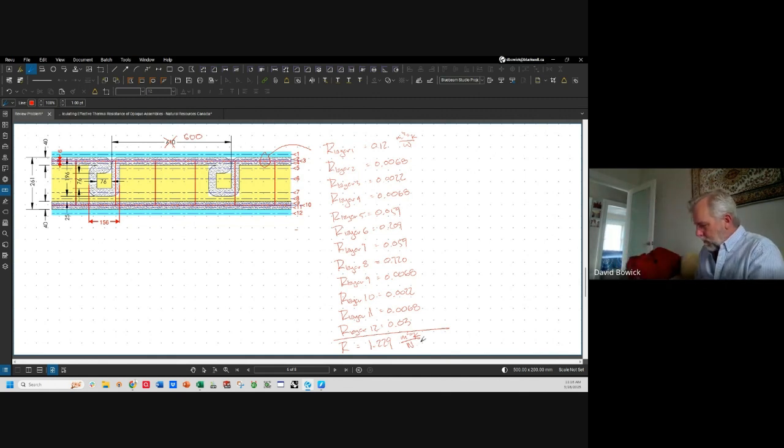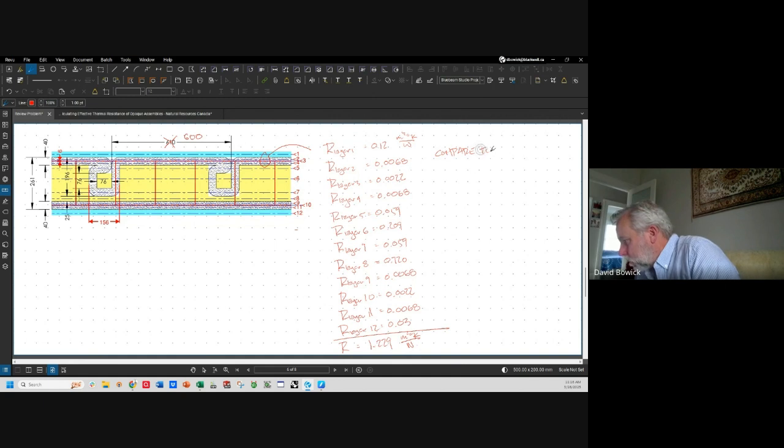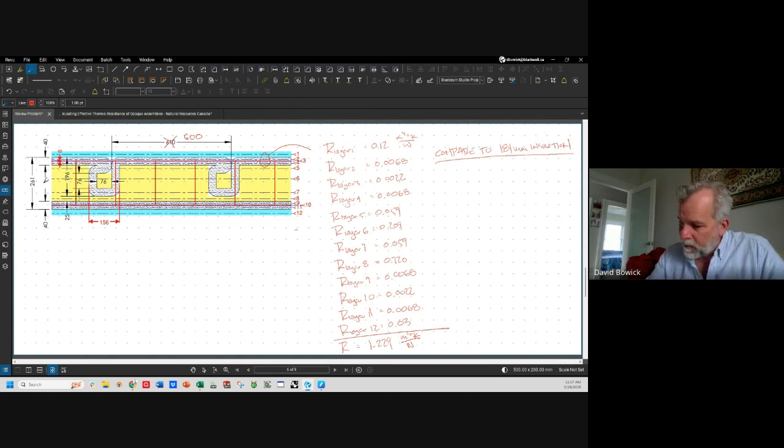Okay, here's something I want to do. These numbers don't appear all that meaningful, but let's do a comparison to 181 millimeters of insulation. So this dimension here is 181 millimeters, right? 261 minus 80.